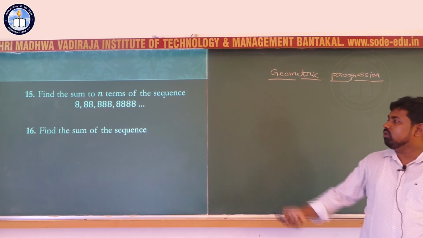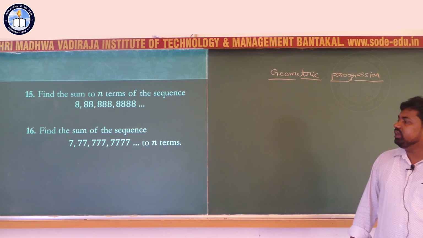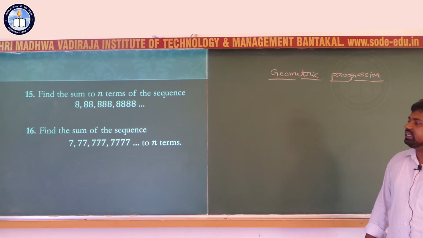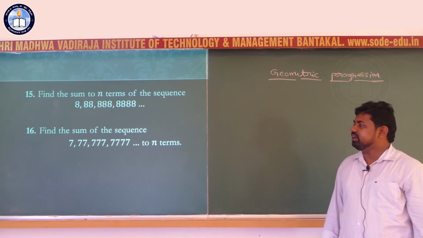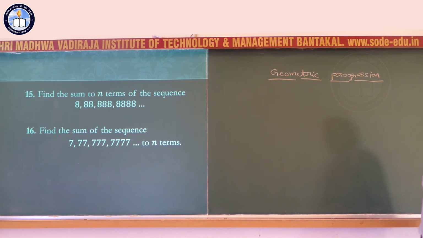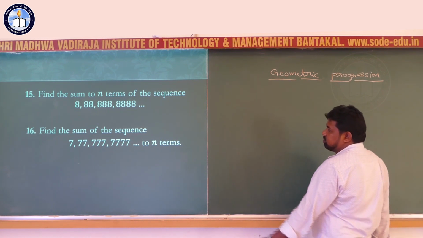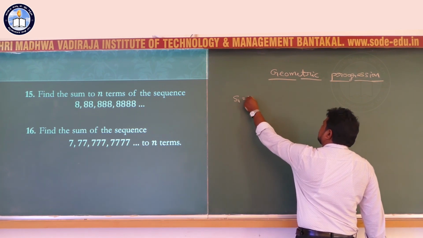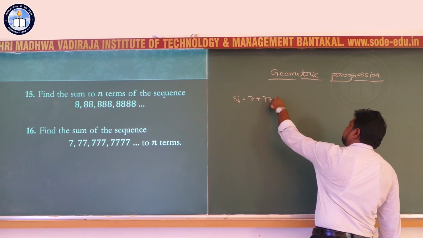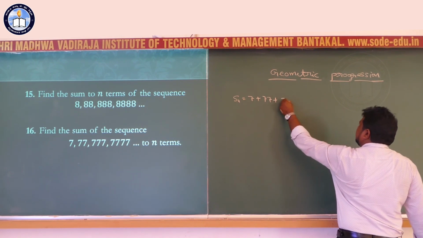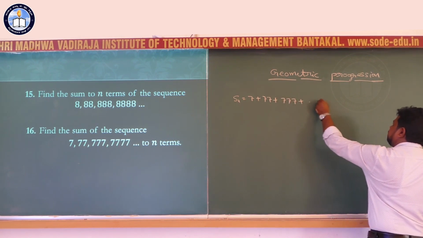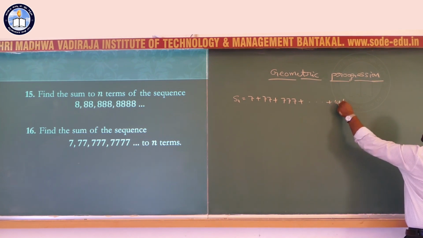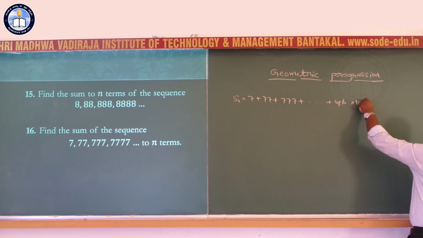find the sum of the sequence 7, 77, 777 up to n terms. It is similar to the previous one. Here we want the sum of n terms. So Sn equal to 7 plus 77 plus 777 up to n terms.